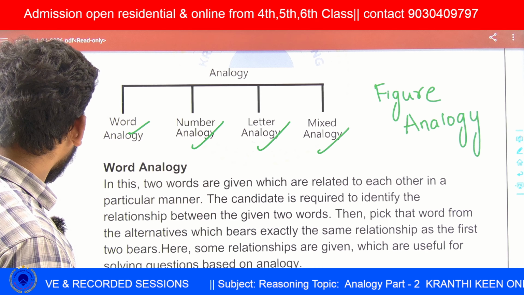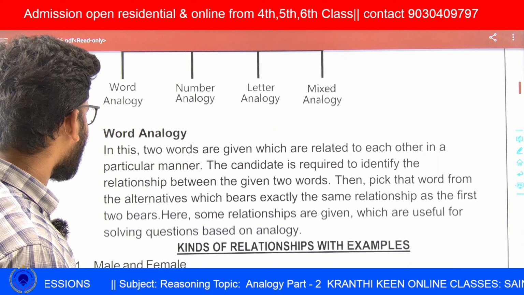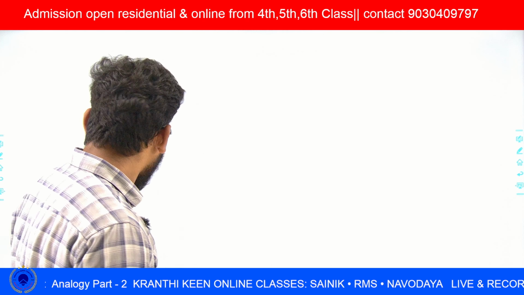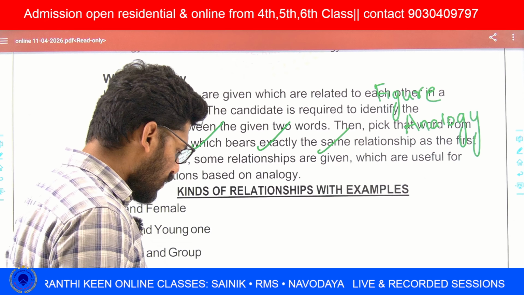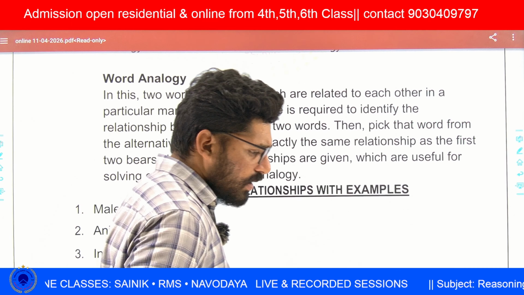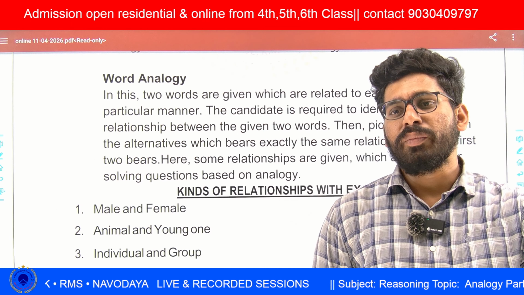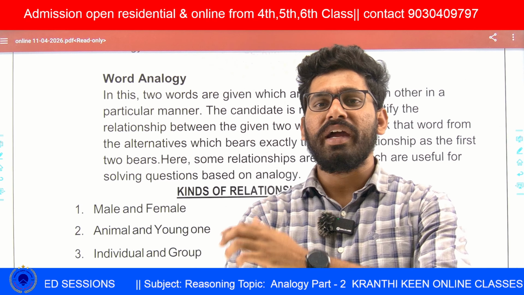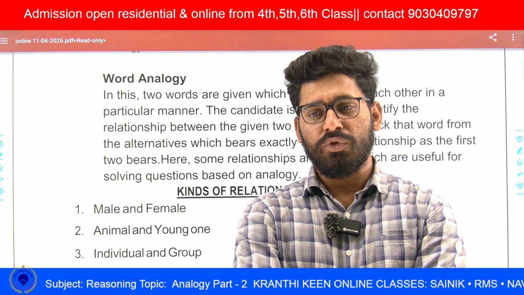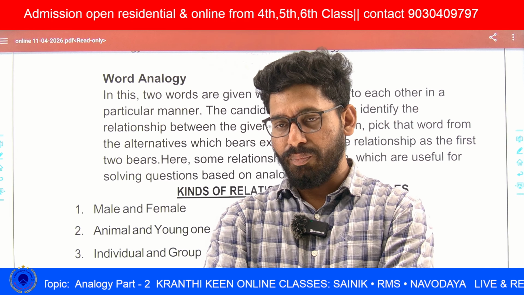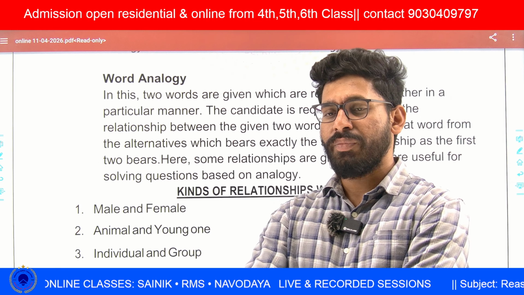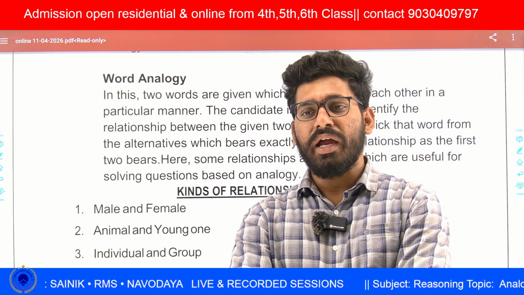So that is what I taught you in the previous class, and we have revised it. Now come to word analogy, which we were discussing in yesterday's class. Word analogy is simple. They will give a pair of words and miss one word. We need to find the relation between the pairs, find what the similar thing is, and then choose from the alternatives.